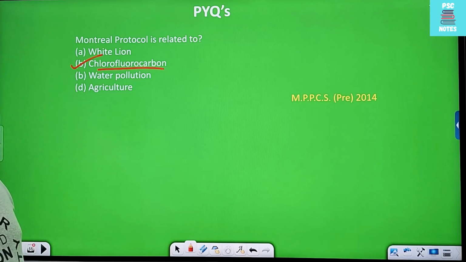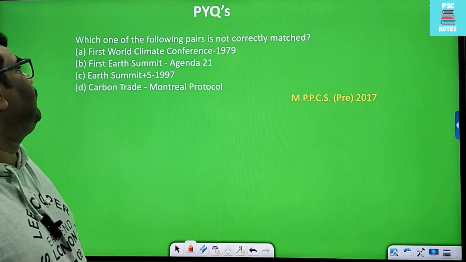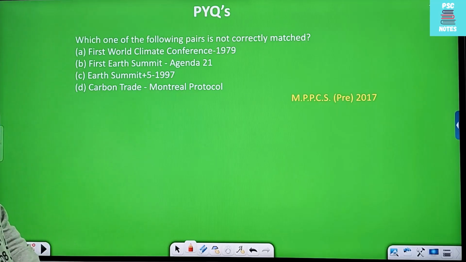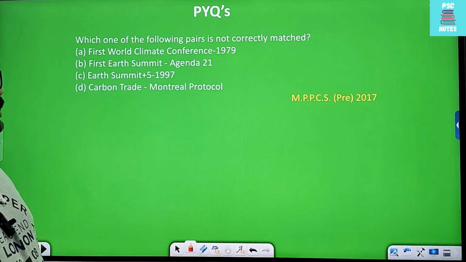एमपीपीएससी 2014 में पूछा गया ये क्वेश्चन। नाउ अगेन in MPPSC 2017, which of the following pair is not correctly matched?